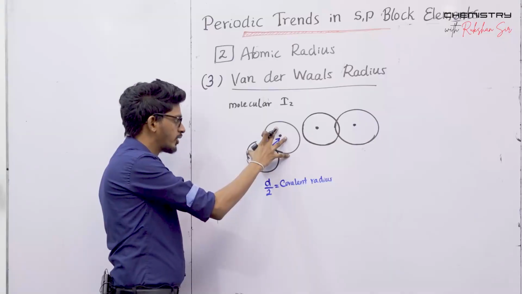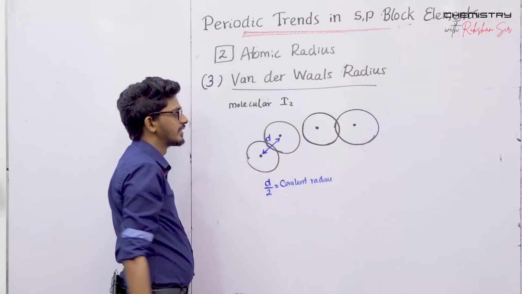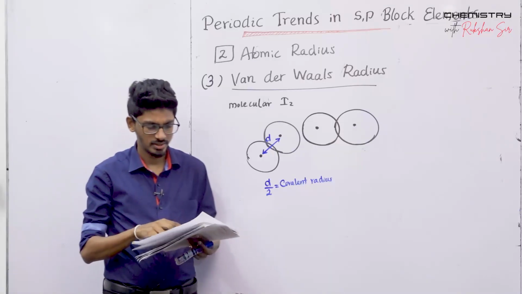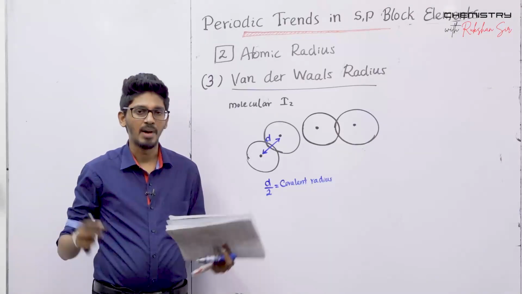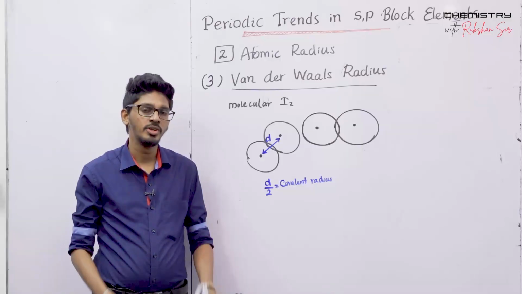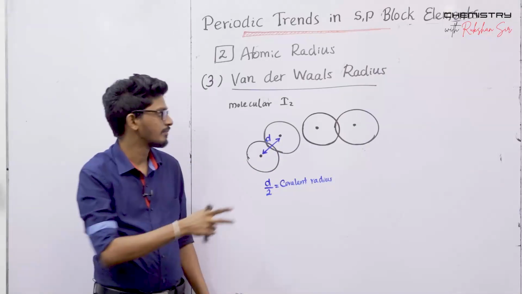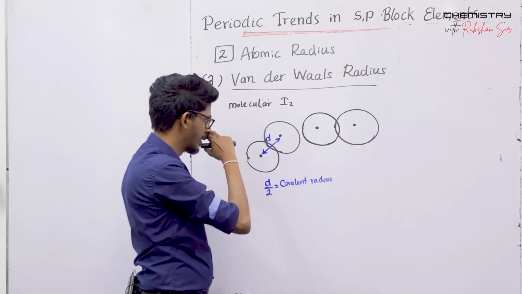This is one I2 molecule, this is another I2 molecule. The two I2 molecules are closely connected. In solids, our particles are very closely bound to each other. In gases, the particles are very far away from each other.